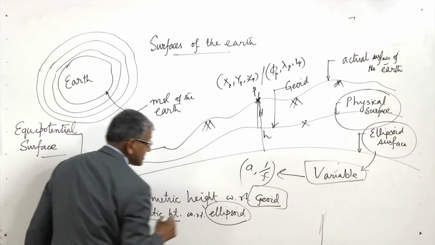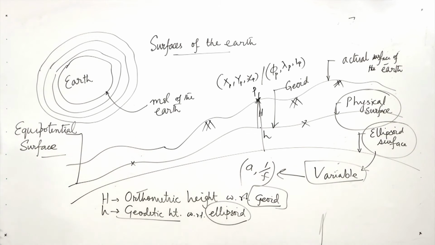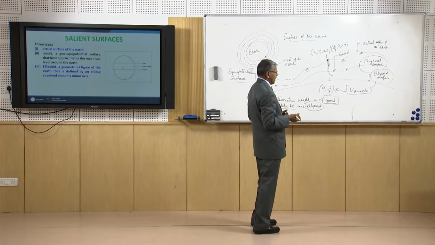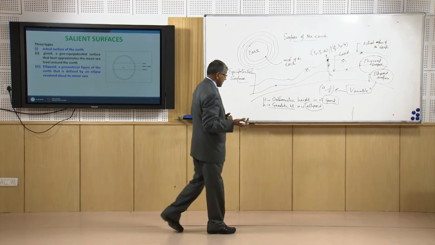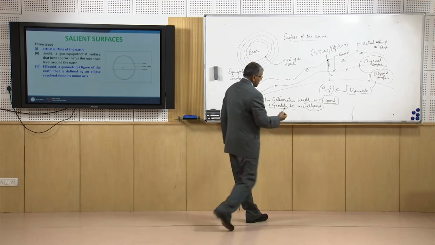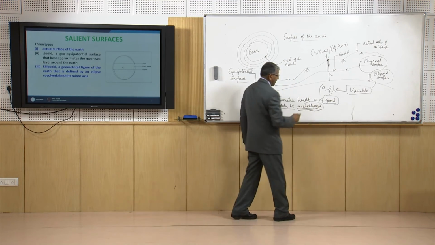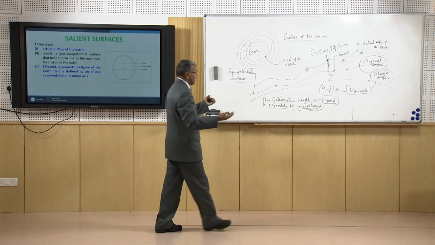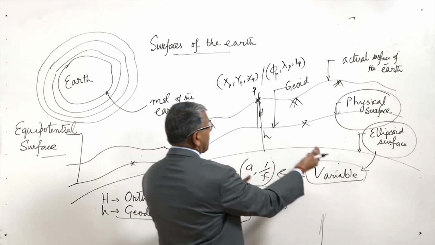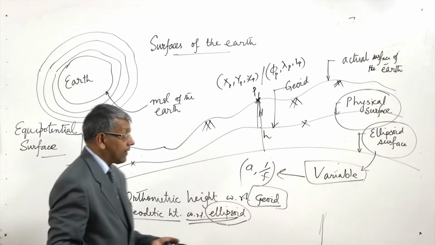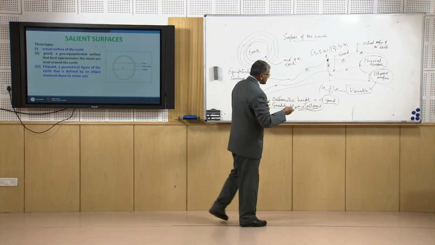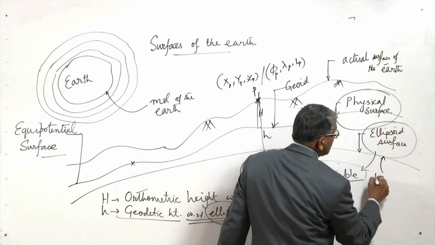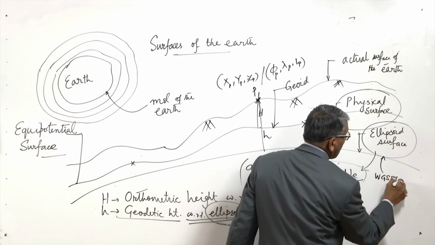As I told you, this ellipsoid may vary from project to project or system to system, so the ellipsoid height may vary from place to place. For the same point, if we take different ellipsoids, we get different geodetic heights. But in the case of GPS, we take the WGS 84 ellipsoid.